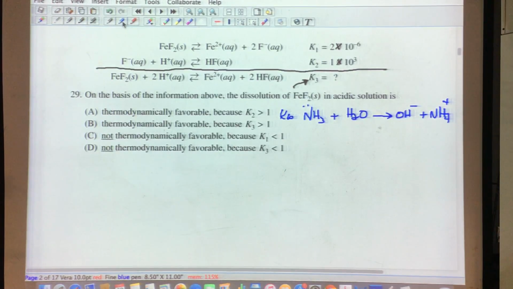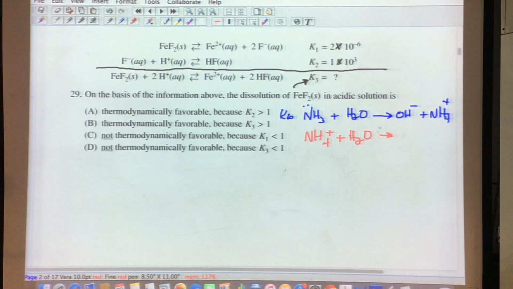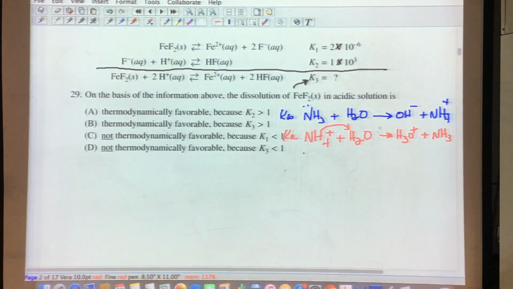Then I took the conjugate acid of this and had it in water, NH4 plus in water. And what did it make? Well, this gave an H, it's a Bronsted-Lowry acid, so this becomes H3O plus plus NH3. And this would be the Ka of the acid.